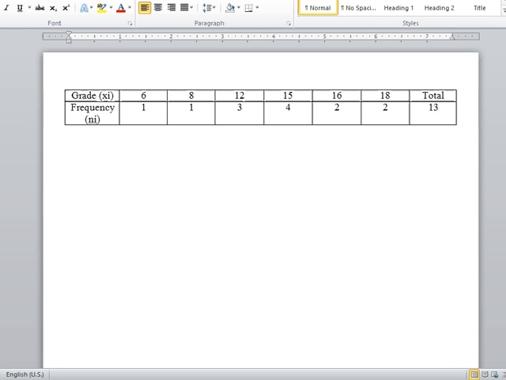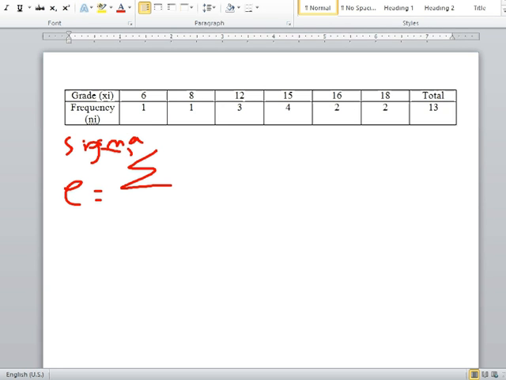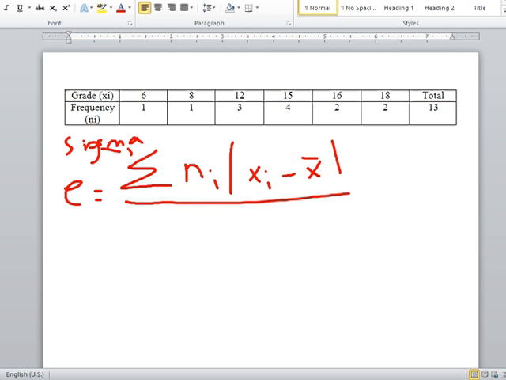So the formula is e equals the summation, called sigma. It's nothing but adding all your answers: ni times the absolute value of xi minus x bar, divided by the total frequency n.